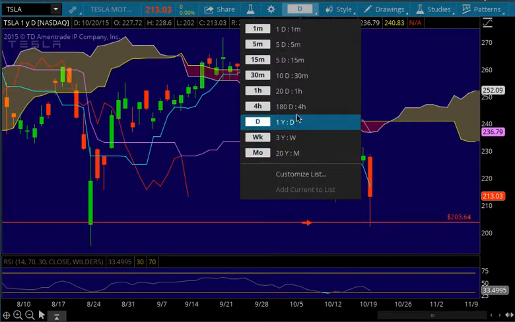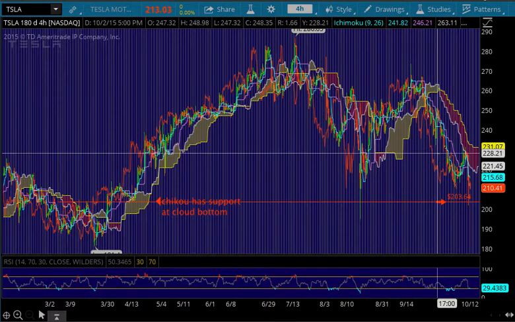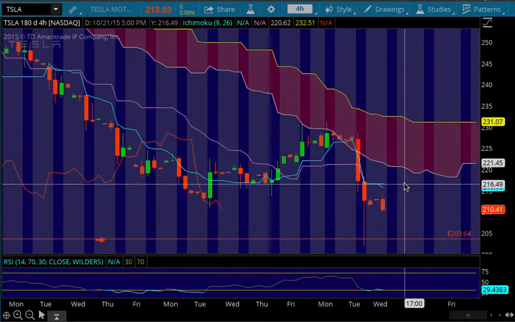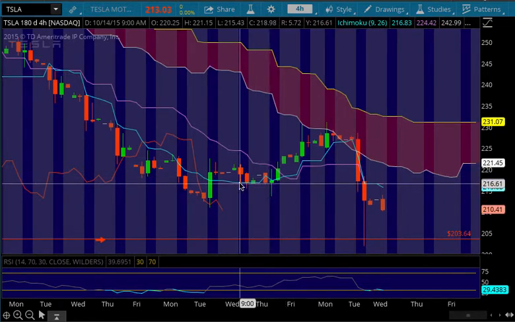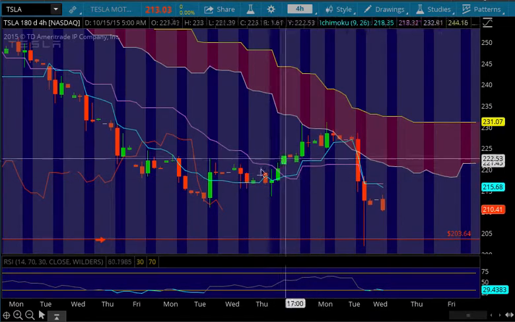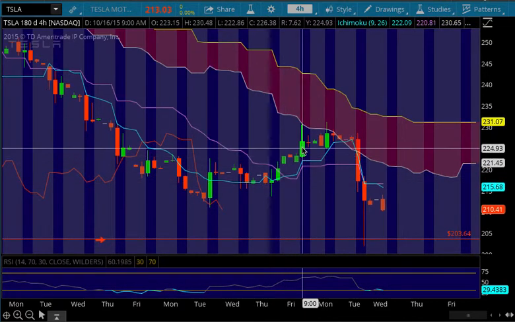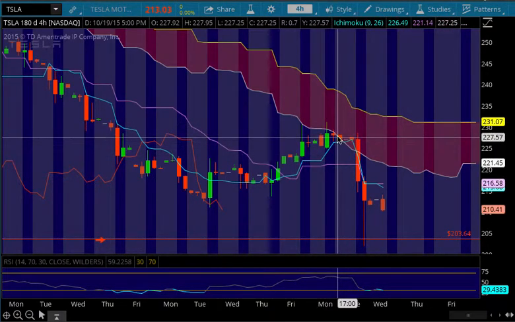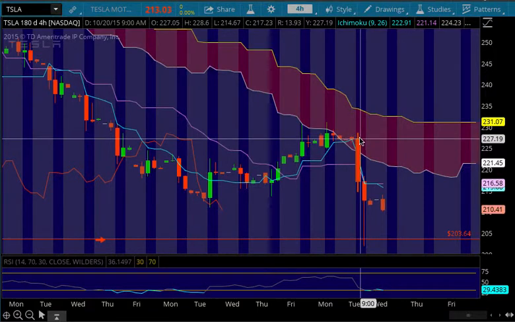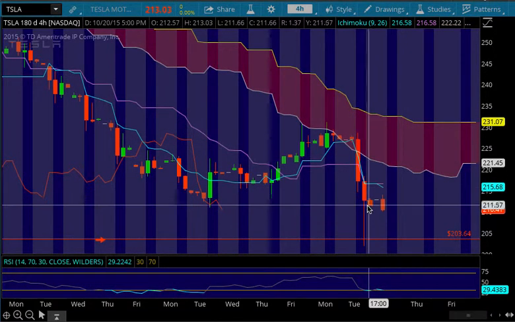Yes, so let's go to some even shorter time frames. On the 4-hour chart, we see that Tesla is bearish. It had been moving up and tried to break into the cloud and did actually make it into the cloud before we got that news, and then sold off back out of the cloud.